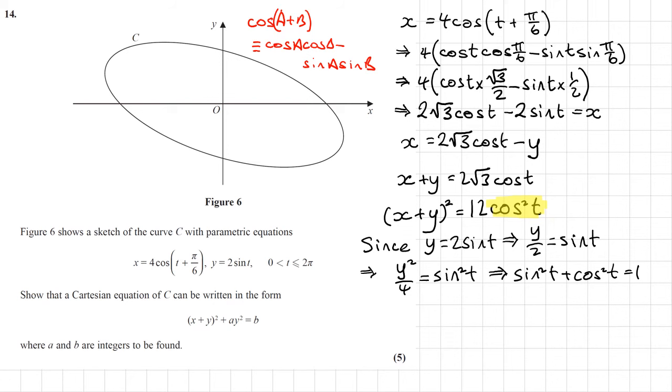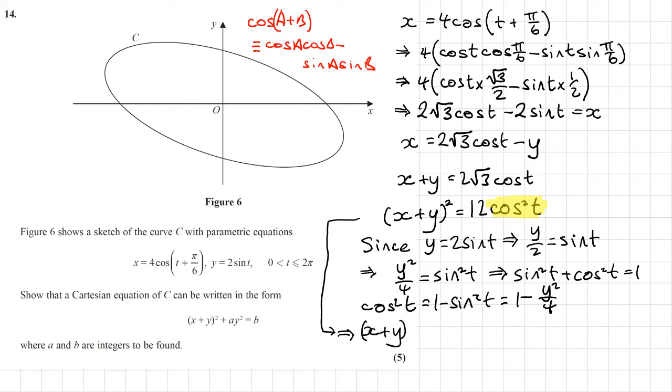So let's write this down. Cos squared t is equal to 1 minus sine squared t, which is equal to 1 minus, well, that's y squared over 4. So next step is from here we'll have (x plus y) all squared is equal to 12 cos squared t, and that's 12 times (1 minus y squared over 4).